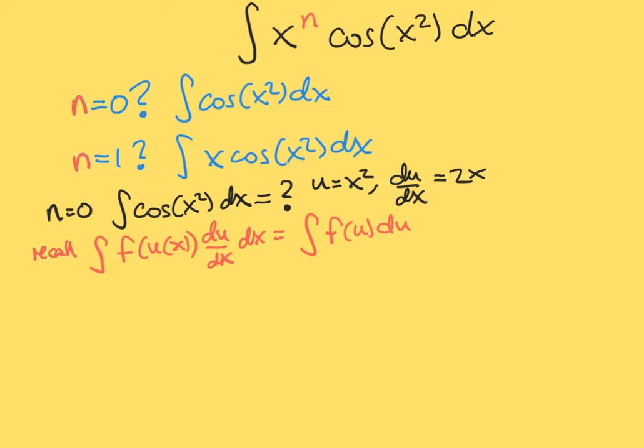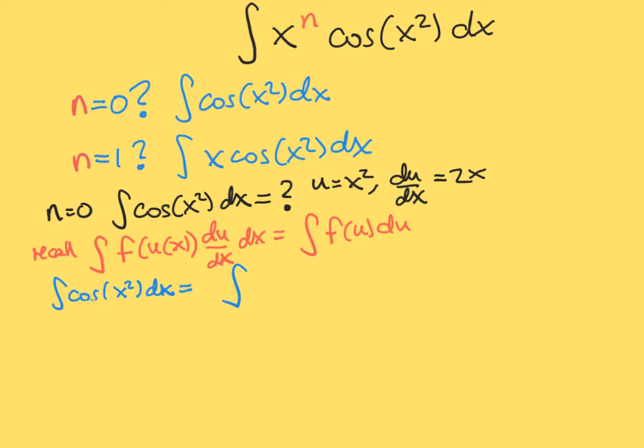So what do we have? Well, this tells us that the integral of the cosine of x squared with respect to x is going to be, now we don't have a 2x in the integrand here, but what we can do is put it in by hand as a factor of 1.